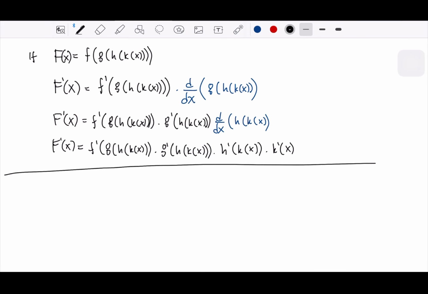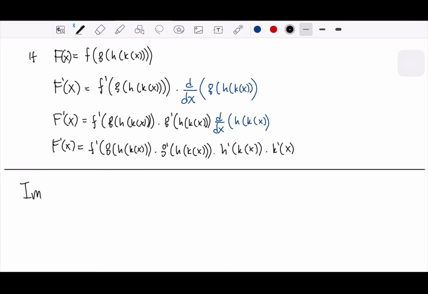So next is implicit differentiation. The word implicit is not really something you can see physically. We say explicit when you can see it, but implicit means that we know it, but it's not really clear to be seen.